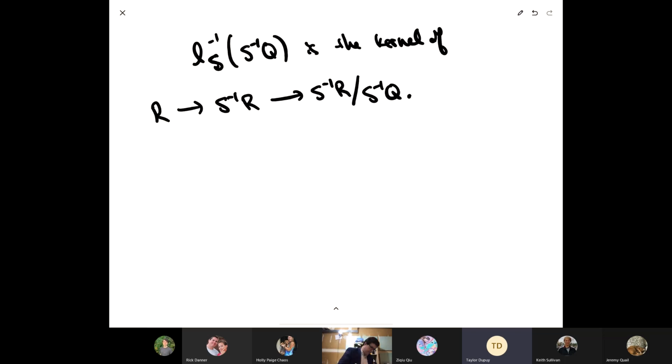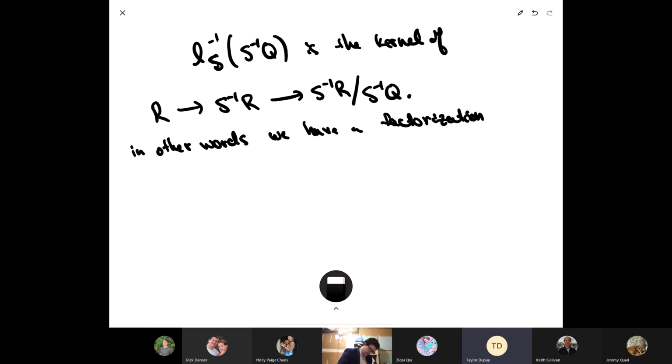In other words, we have a factorization: R goes into S inverse of R, S inverse of Q. And anytime I'm teeing up S inverse of R, S inverse of Q, you should expect that I'm going to try and commute them at some point.